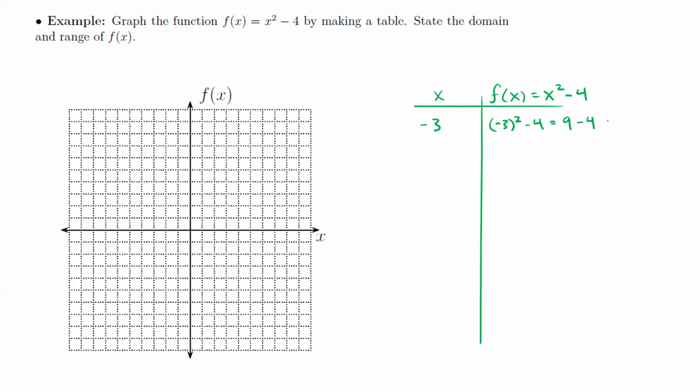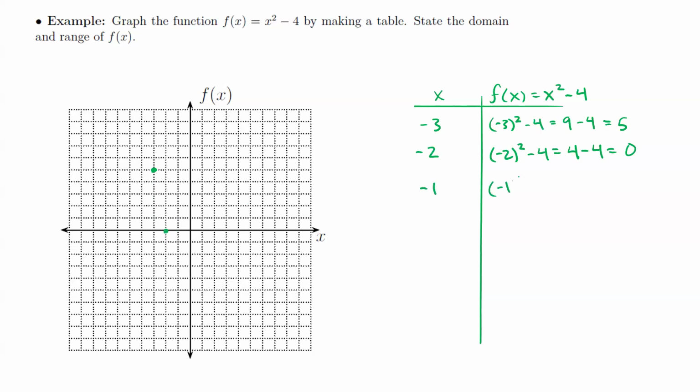So you actually get positive 9 minus 4, which would give me 5. So at x equals negative 3, we're at 1, 2, 3, 4, 5. At negative 2, squaring negative 2 turns it into a positive 4. So 4 minus 4 is 0. That puts me here.